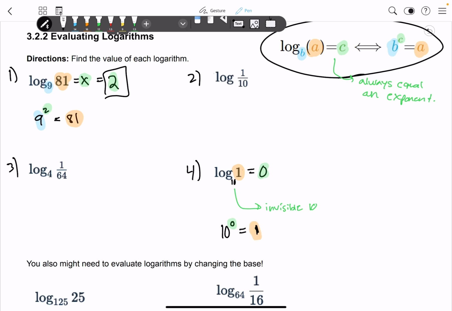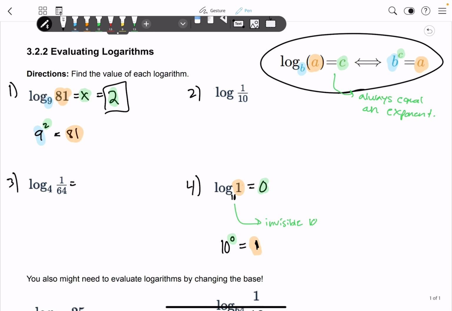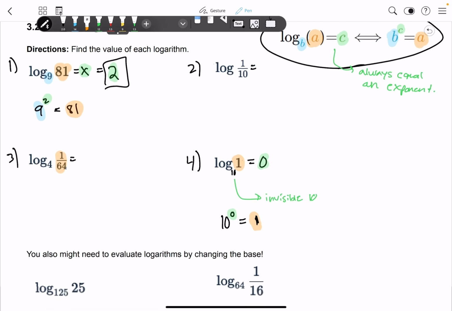Okay, so we're seeing what exponents to use to get this number. Look at number 3. 4 raised to the something power equals 1 over 64. We're getting a fraction for this. That means that our exponent has to be a negative number. In this case, that negative number is 3.